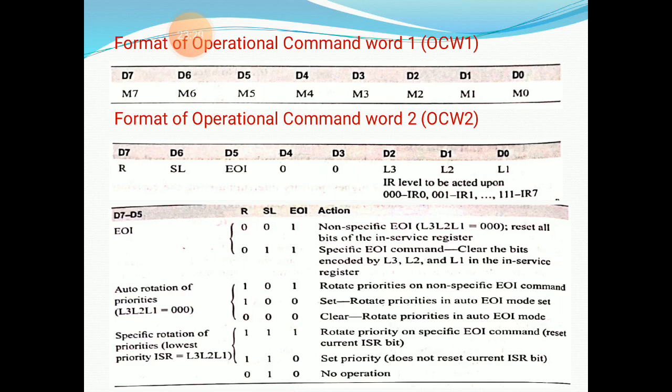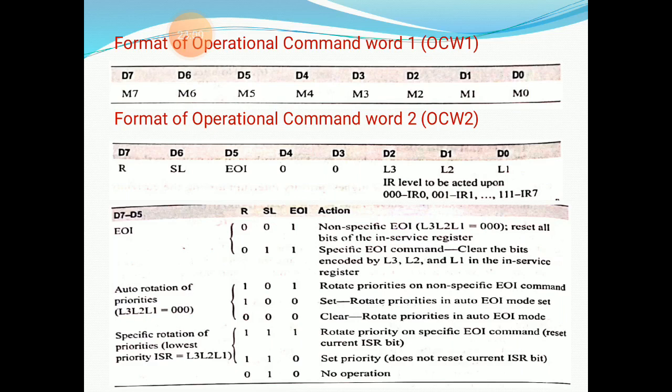And bits D3, D4 become 00, and D5, D6, D7, these 3 bits perform different operations. D5 belongs to the EOI operation, that is, end of interrupt operation. D6 means specific operation. D7 belongs to rotation operation. By combining these 3 bits, we get different operations. If these 3 bits become 001, that is the non-specific EOI operation.